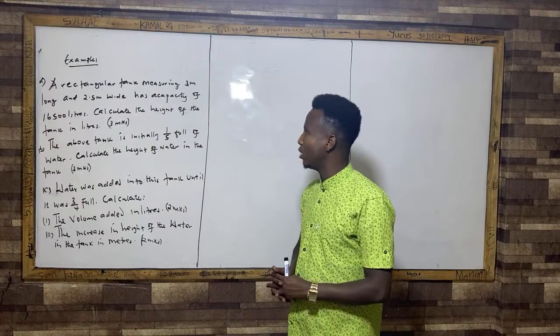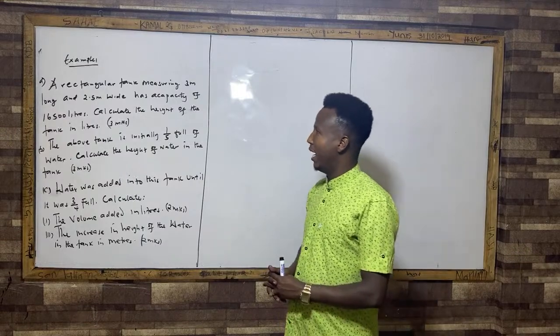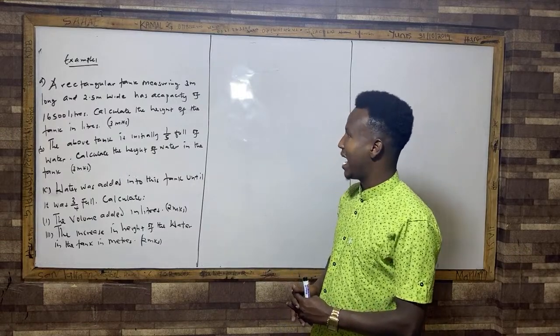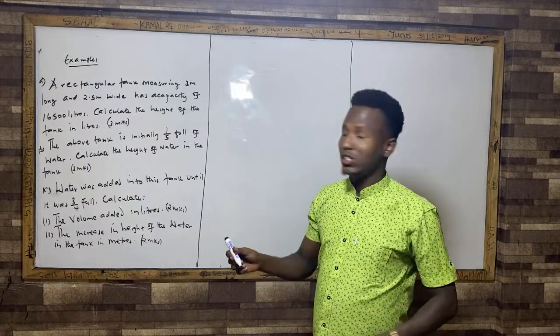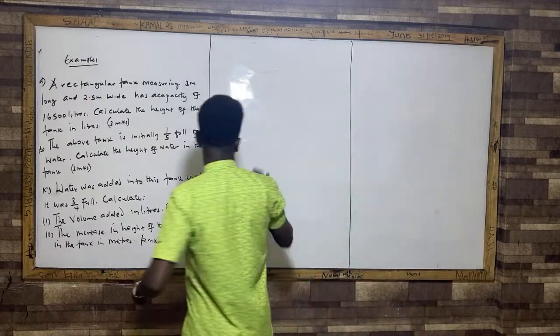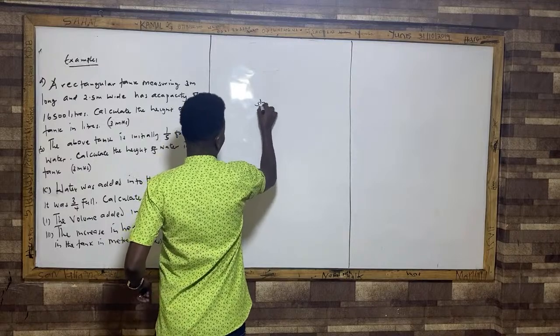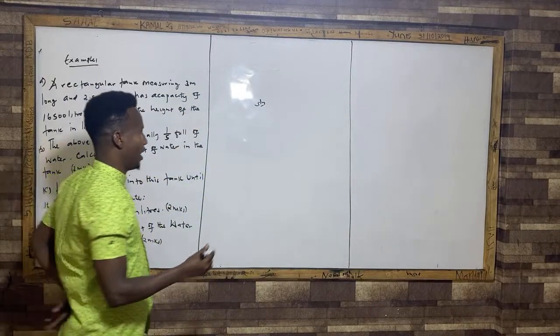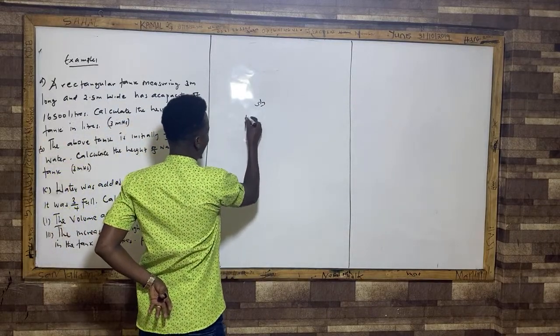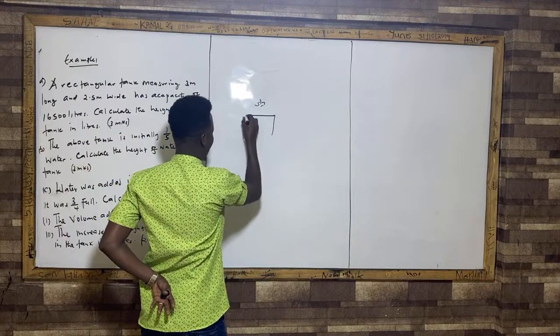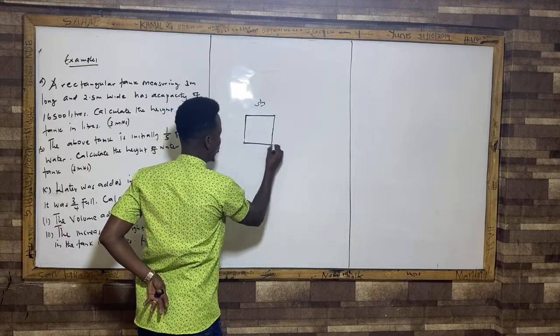We are told a rectangular tank measuring 3 meters long and 2.5 meters wide has a capacity of 16,500 liters. So let me sketch it here. Let's say this is the rectangular tank. I'm not good at drawing, but I'll try my best.